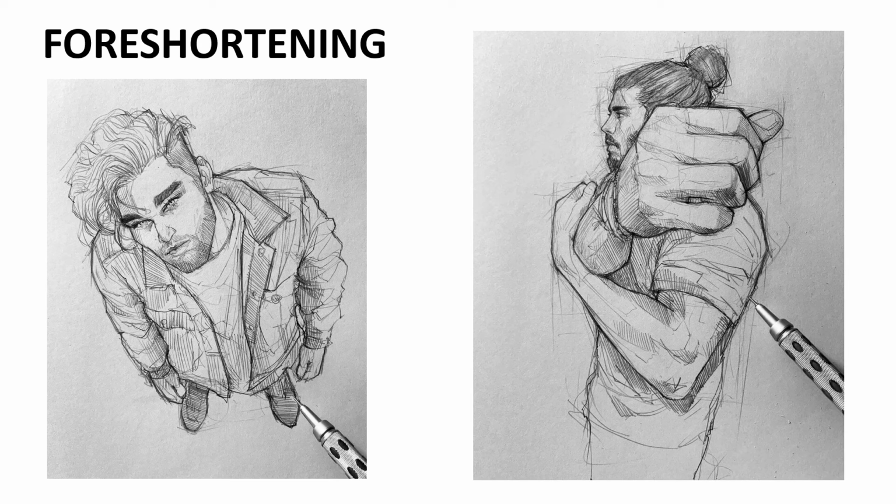If you look at this gentleman who is looking up, meaning that the viewer is up somewhere, what seems to be projecting towards the viewer's eye is the head and the shoulders. These seem to be closer to the viewer, and as a result, these parts or these features will appear extremely big.